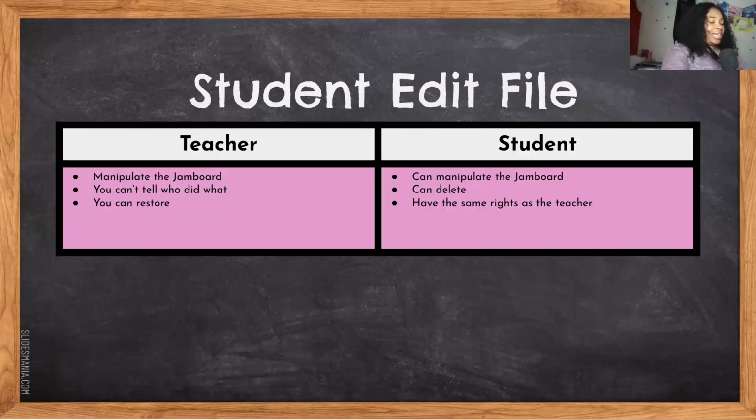Basically, they'll be their icons, but you can't see revision history like you can in a Google Doc where it tells you Jennifer wrote a bad word on the Jamboard. You can't see that, but you can see that Jennifer was on Jamboard slide 4 and she did add something. So keep that in mind. And you can always restore.